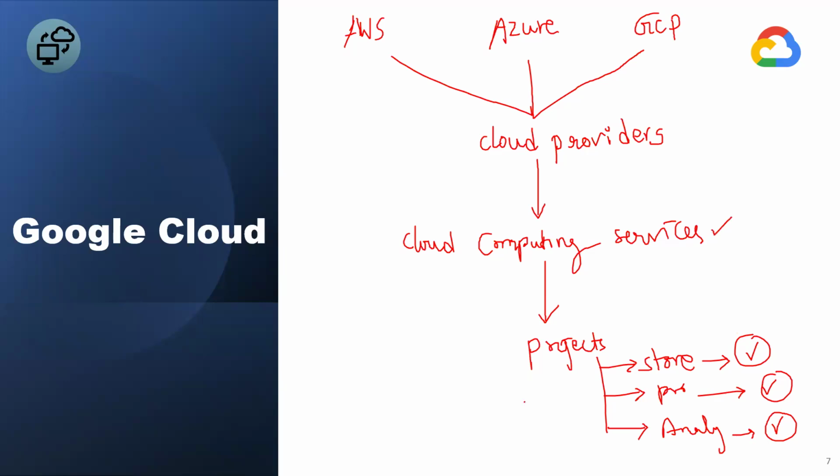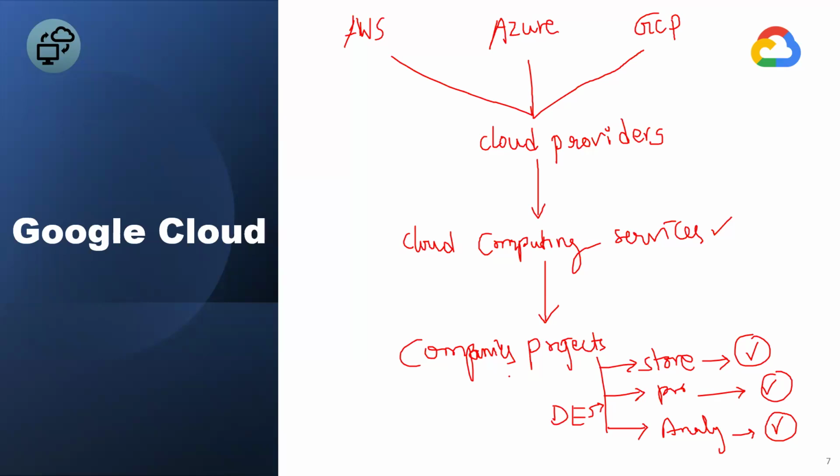AWS, Azure, and GCP, these three are leading cloud providers. They provide you the cloud computing services, which are very useful for companies to store the data. We are concerned with data engineering, so I'm telling you about storing, processing, and analyzing the data.